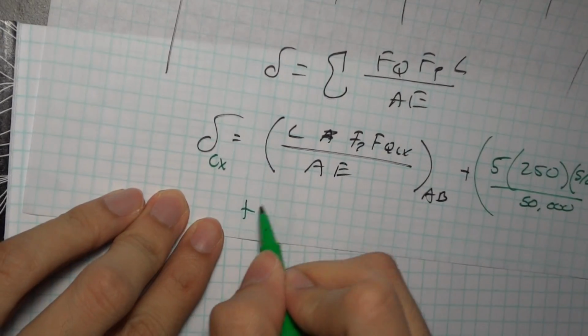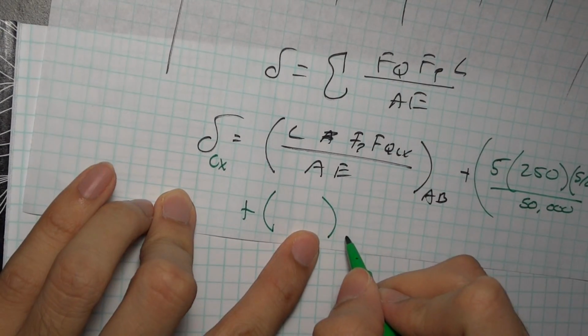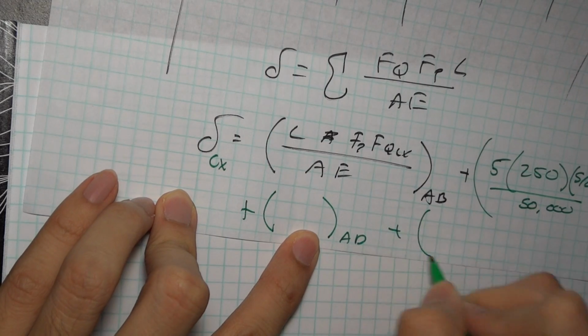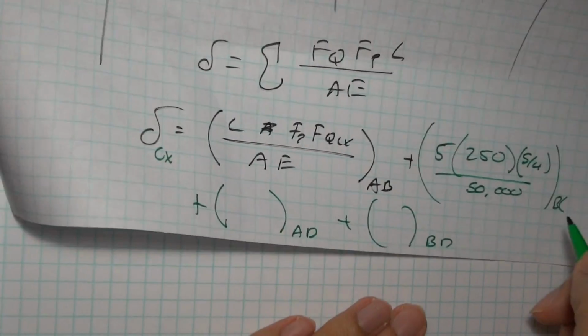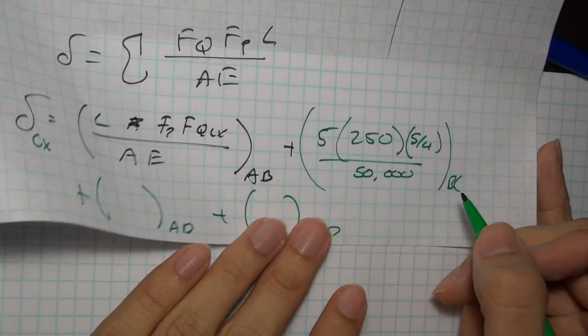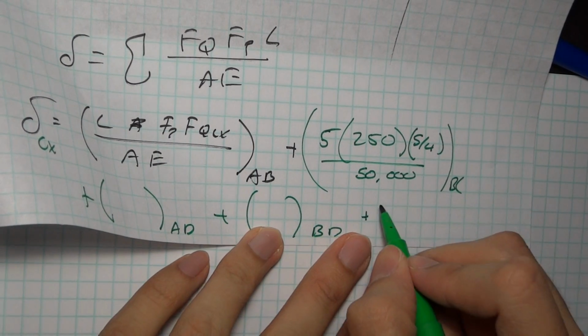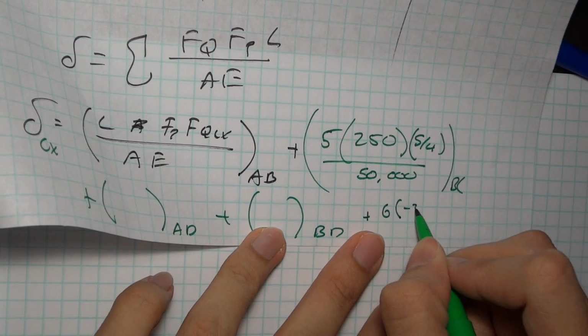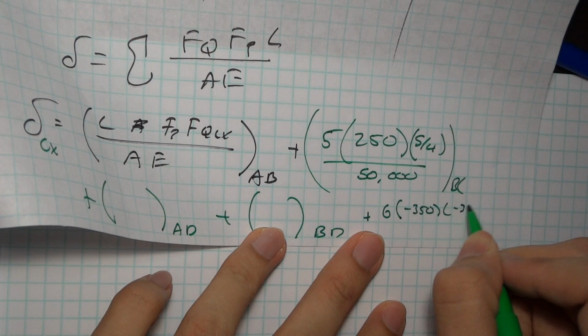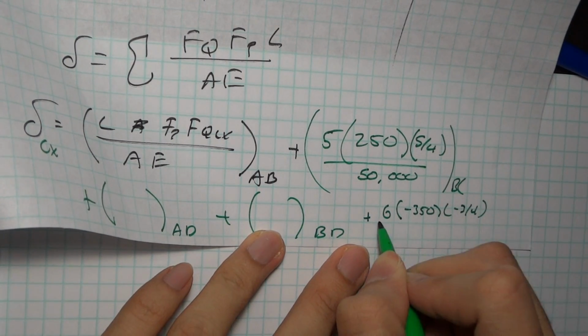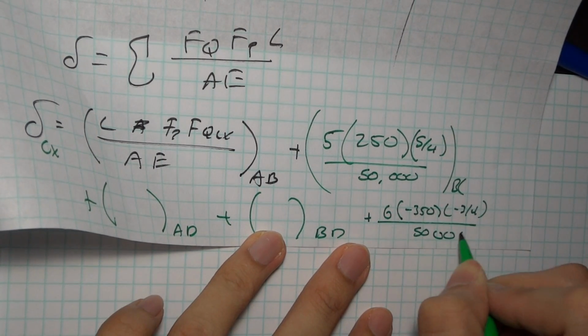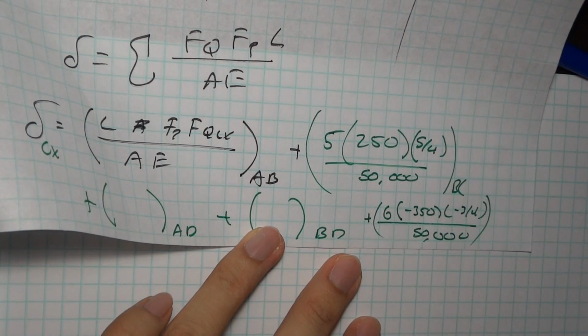I would do the same thing for AD, plus the same thing for BD. And then I would be left with plus 6 times negative 350. So the negative signs will cancel out here. And I'm just doing the same thing that I was doing before.